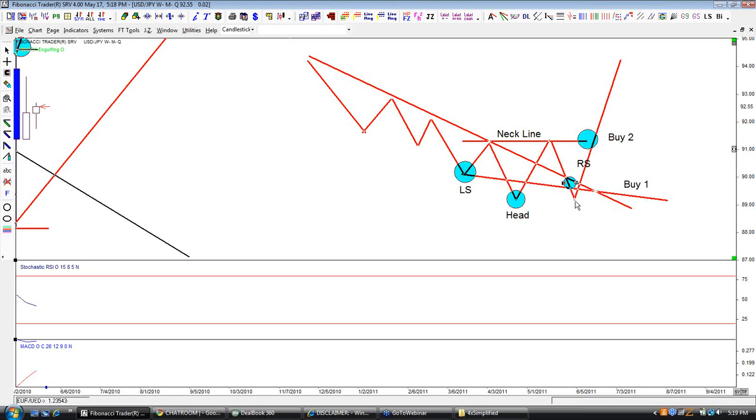If head and shoulders look something like this, it has higher chance of failing. Now, sometimes the right shoulder is higher than the left shoulder. Now, this doesn't have lower probability of working out.